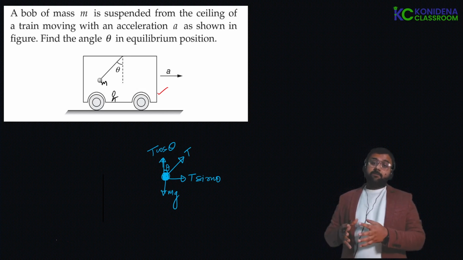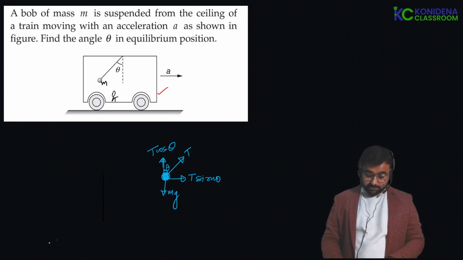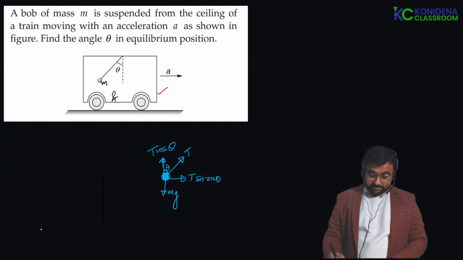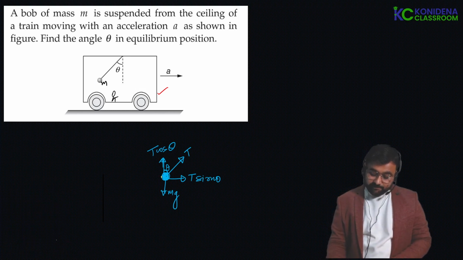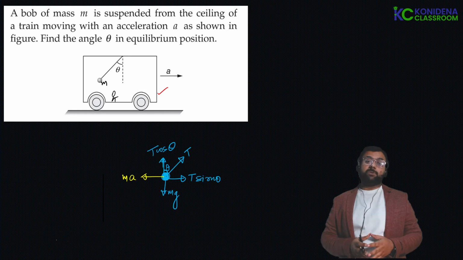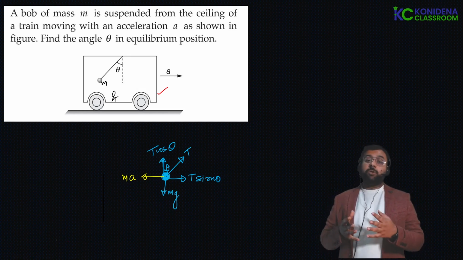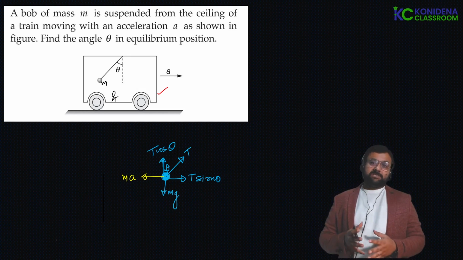But just to make the laws of motion valid, we have to apply a force here, that is pseudo force. And let us see what that is. That is basically the product of mass on which we are applying the force times acceleration of frame of reference. And the pseudo force is acting in opposite direction to the acceleration of frame of reference. It is a fictitious force having no action reaction pair. That's the concept we know, right?